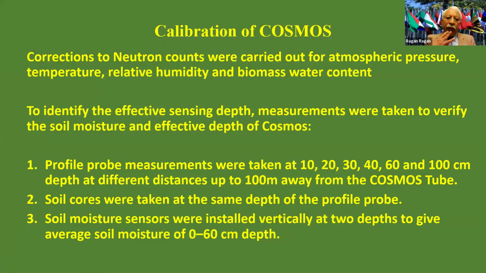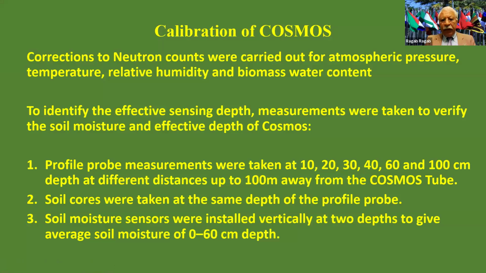However, when we started to use the Cosmos in the Water for Crops project at the site in Bologna, I was looking at the application in terms of agriculture, agricultural water management, and irrigation. That's a different application from what we used to have in the UK. So I needed to do two things.